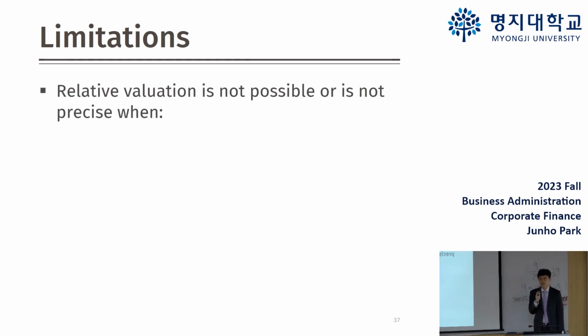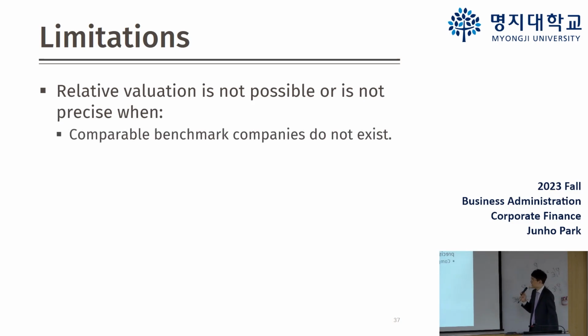First, relative valuations are sometimes not possible when there is no comparable benchmark company. It can happen because sometimes you want to analyze a company that has a monopolistic power in the market, so in that case there is no competitor. In that case, you cannot choose comparable companies to compare with your target company.